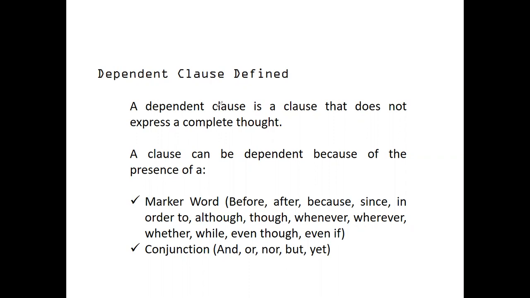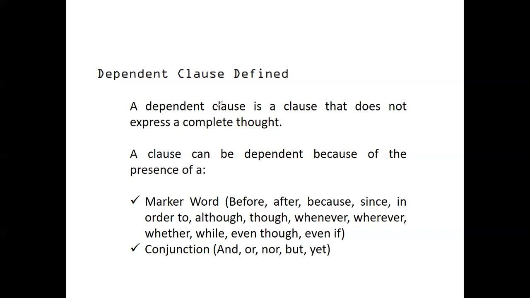So kana tanan guys, kani tanan diri, once mag-start ang imuhang clause, or feeling mo sentence na siya pero clause gyud siya, once mag-start ang imuhang clause with these, it is a dependent clause. For example, before the day, before I fell in love, before everything else, after the incident, because of my desire, because of my love, since the day you left me, in order to complete the chaos.